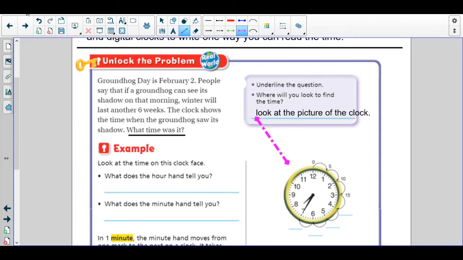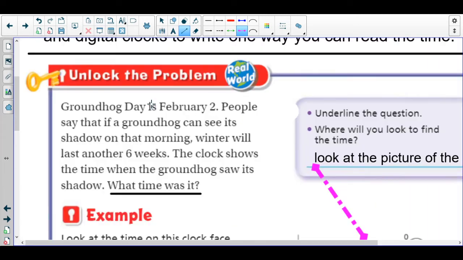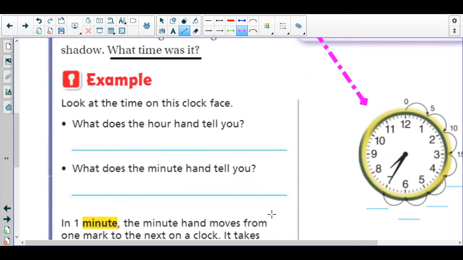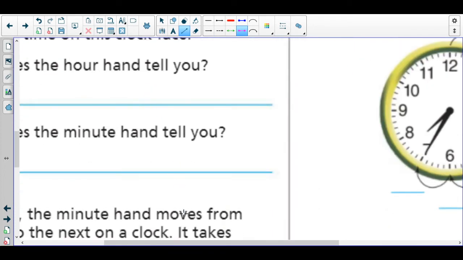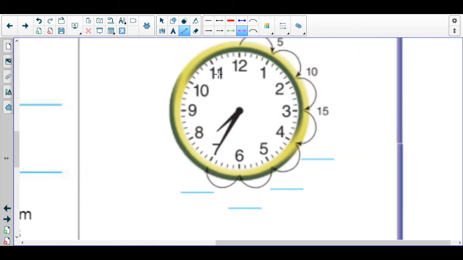Well, let's get zoomed in here, right into here. We're going to really get in here. So the hour hand, that would be the shorter of the two hands. So what does the hour hand tell us?